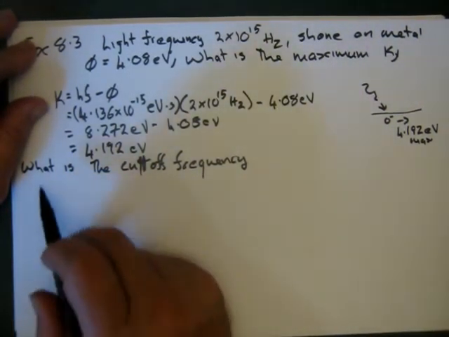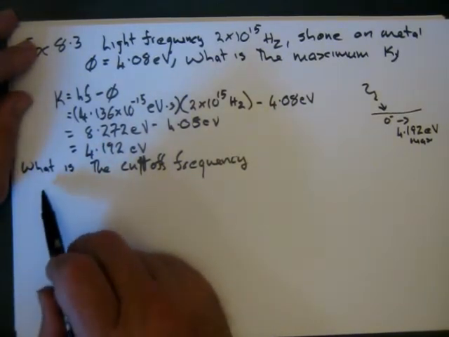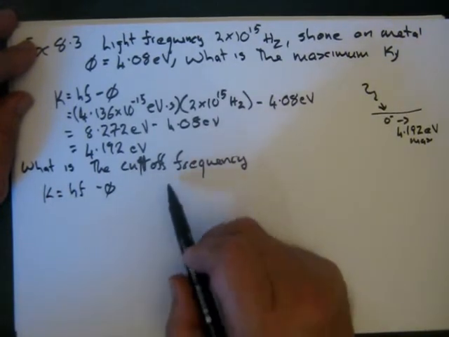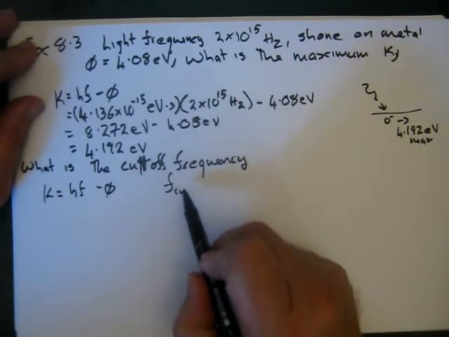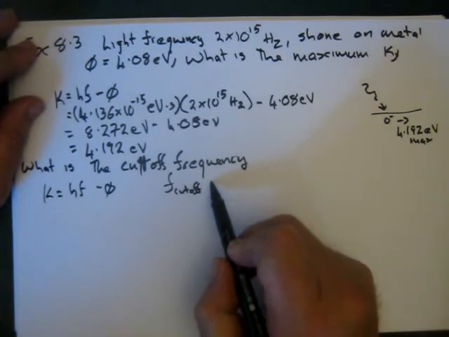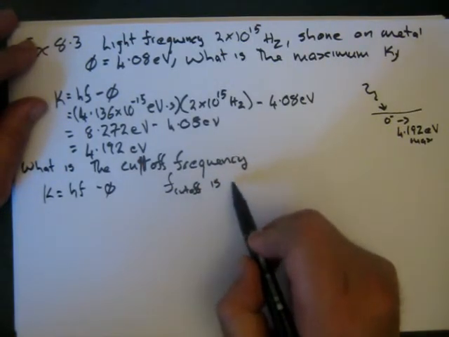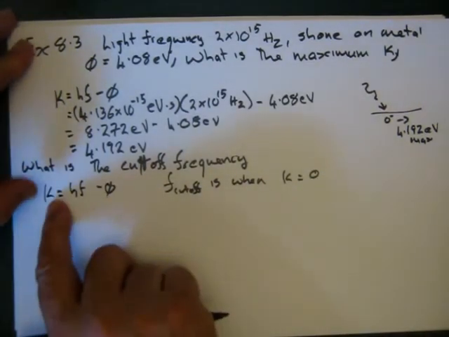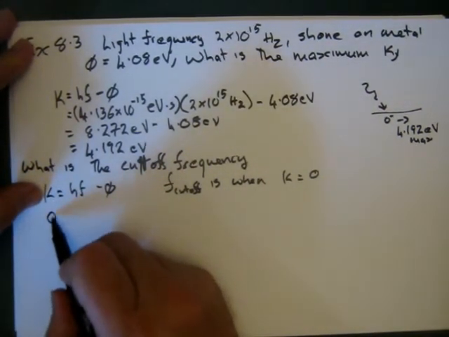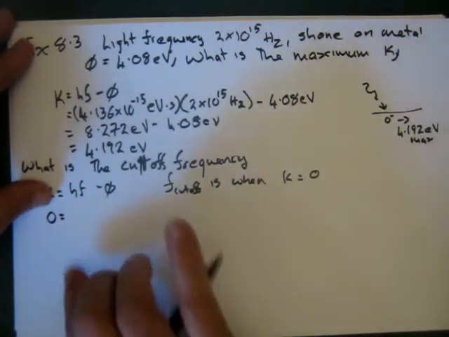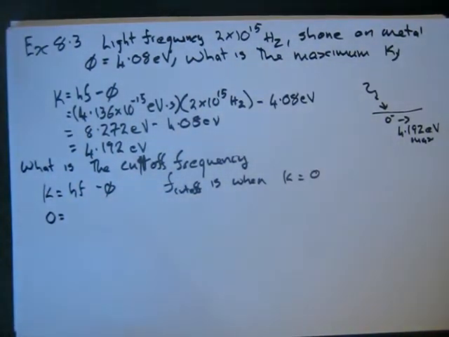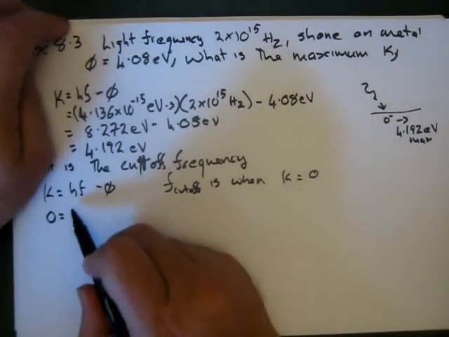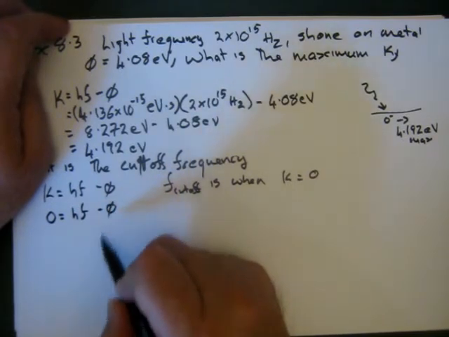So if we have K equal to hf minus phi, the cutoff frequency is when K equals 0. When the kinetic energy is exactly 0, that's going to be the lowest amount of energy. Anything more than that, and it's going to knock an electron off.